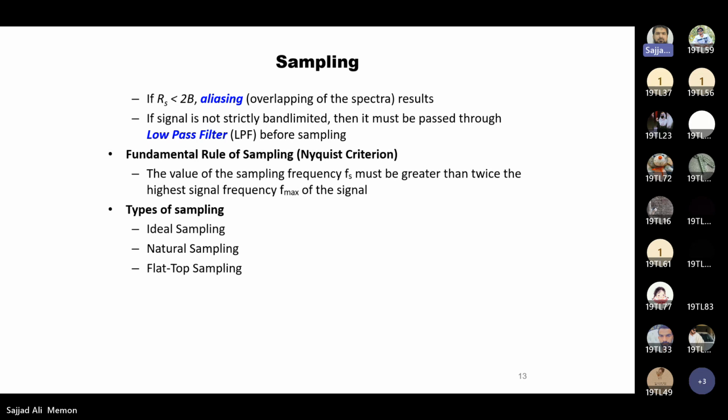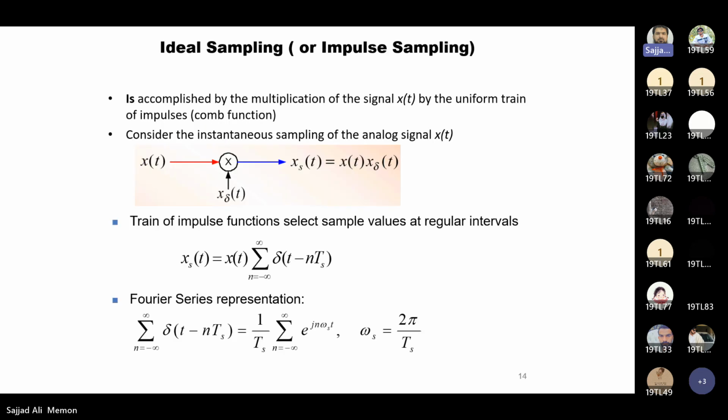Then we have these types of sampling: ideal sampling, natural sampling, and flat top sampling. Ideal sampling is the one where we multiply the input analog signal with the impulses, that is x(t) into the impulse train, where the impulse is equal to 1 at t equal to 0, and elsewhere it is 0.